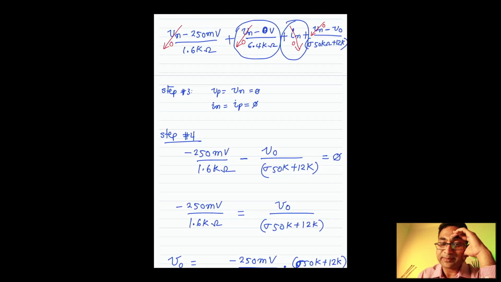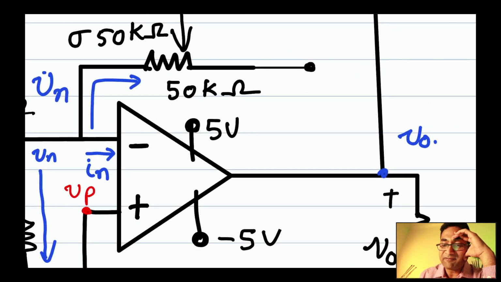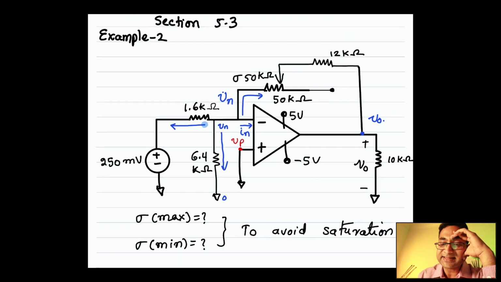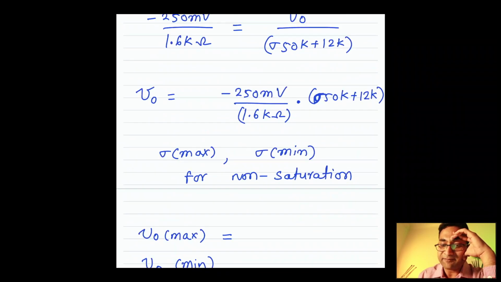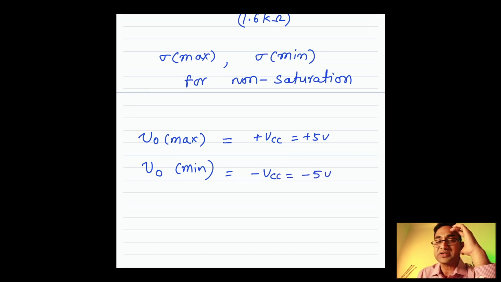V output maximum is the positive VCC, and V output minimum is negative VCC. V output maximum is plus VCC, which is given to be plus 5 volts, and this one is negative VCC, which is given to be negative 5 volts. It's given in the problem, right?